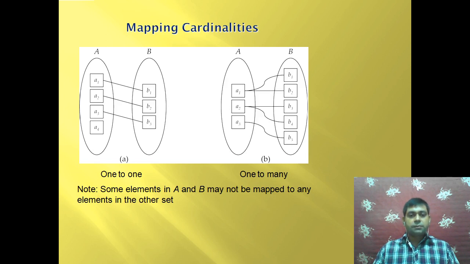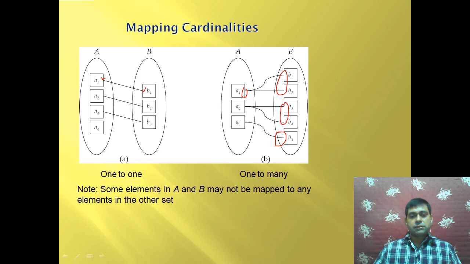This is a pictorial representation of mapping constraints. A and B are two different entity sets, where instances are connected to one another. Sometimes one is connected to a single one, so it is 1:1 cardinality, and sometimes any one can be connected to many of the other, so that is called 1:many.